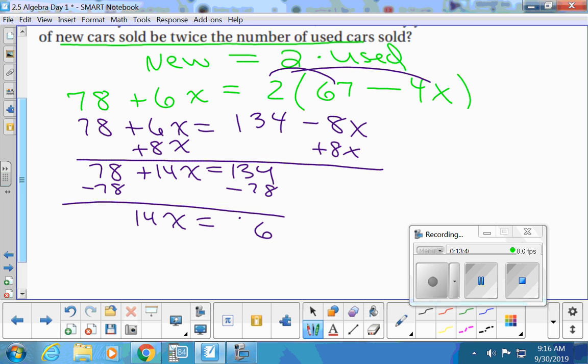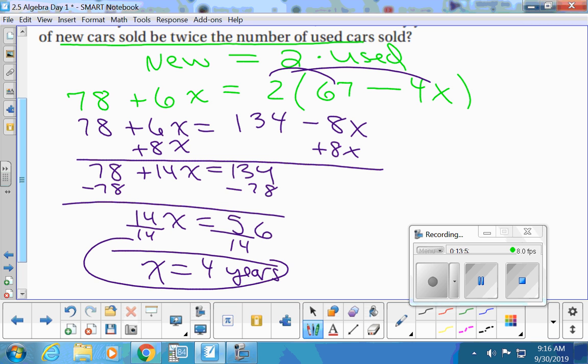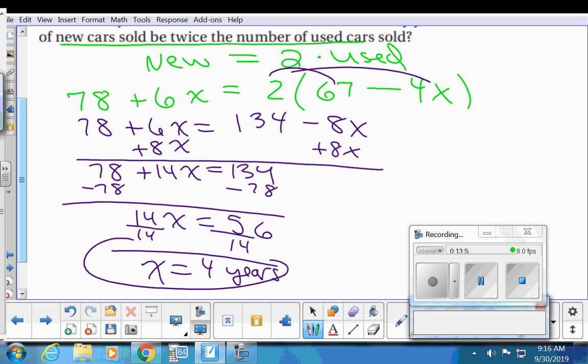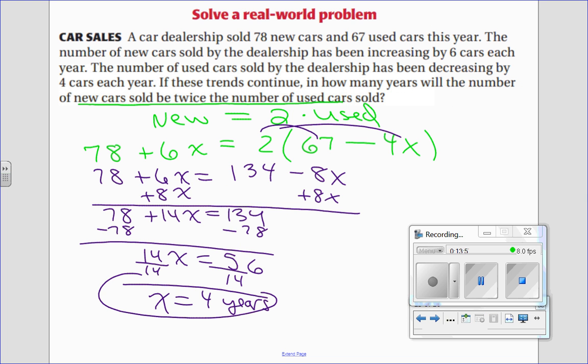It is 56. Good. Divide by 14. It is 4. 4 years. So in 4 years, the new will be twice the used. If we did everything right. But I don't see anything we did wrong.